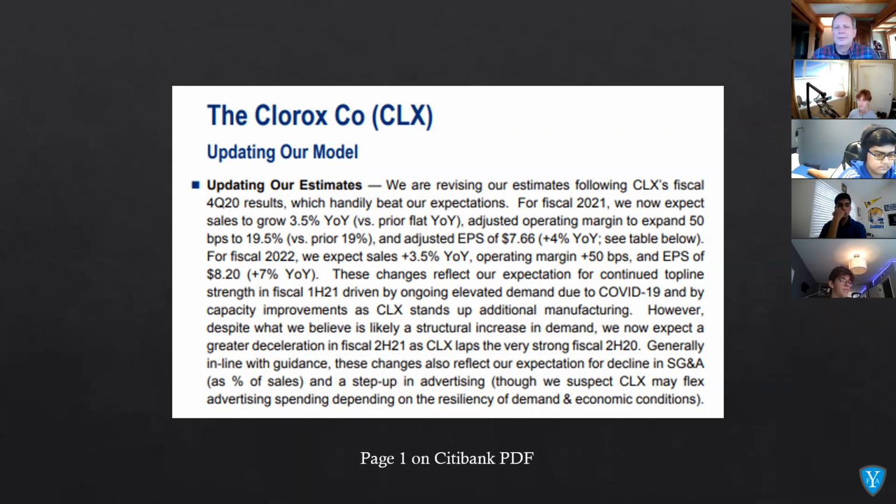And as a result, they've assimilated all this information and come to the view, and we don't show it here, but you can see it on the report in the next paragraph, that we're maintaining a neutral rating, although they did raise their target price a little bit to $246. They're really saying, buy the stock now, or if you own the stock, wait it out, because it's going to be worth $246 a share. And when it gets to $246, maybe that's the time you think about selling it and putting your money in something else.